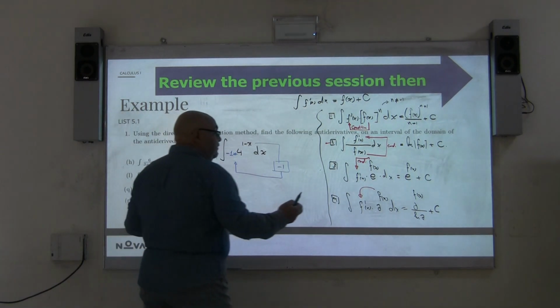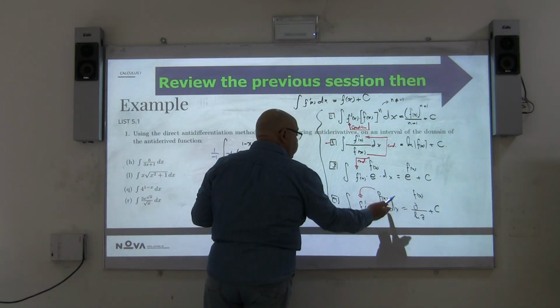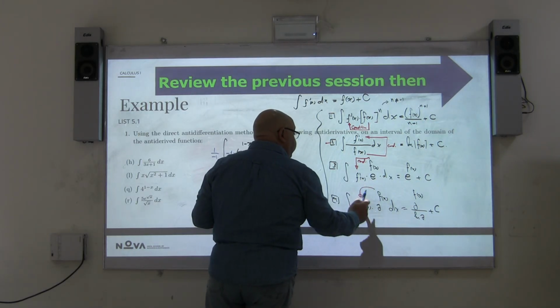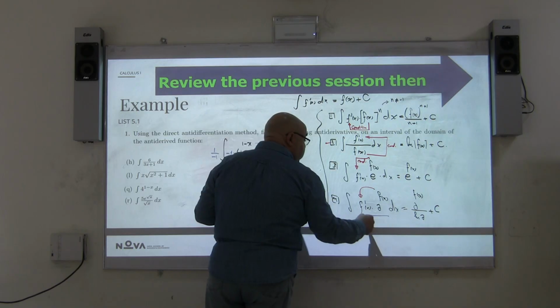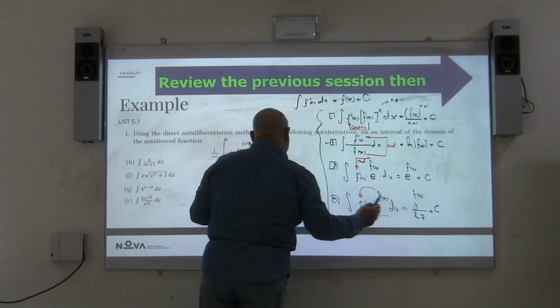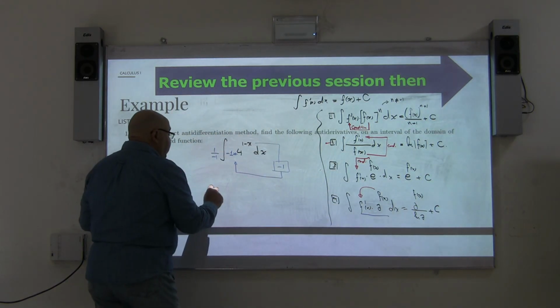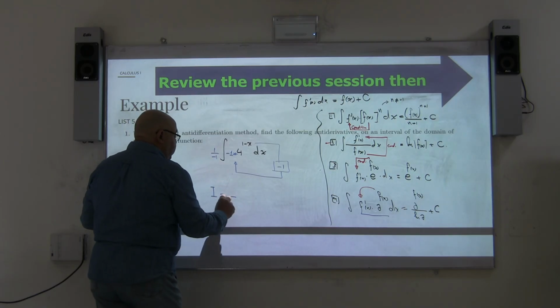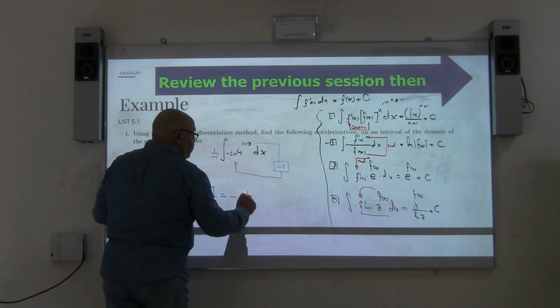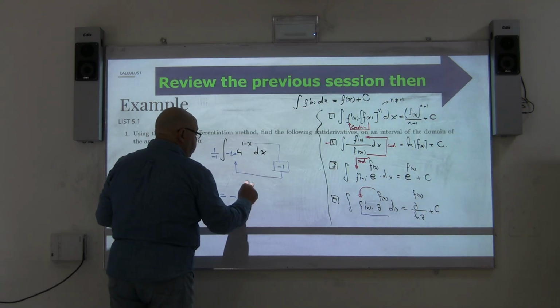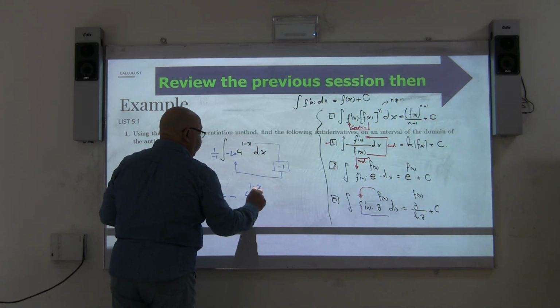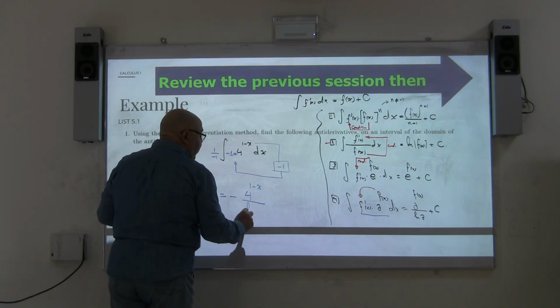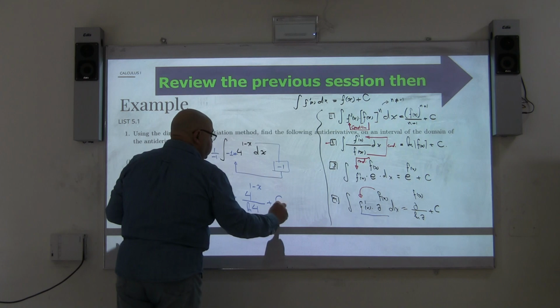So the main function really exists, which is an exponential function, and the derivative of the power really exists. If this happens, then this is the result. So simply, I can say that I equals 1 over -1, it's a negative sign. Then it's going to be the exponential function, which is 4 to the power of 1 minus x, divided by ln of the base of this exponential function, which is ln 4, plus a constant.